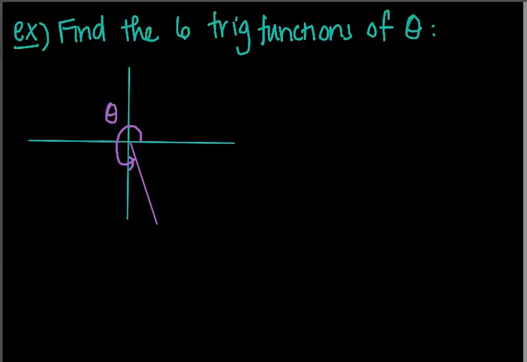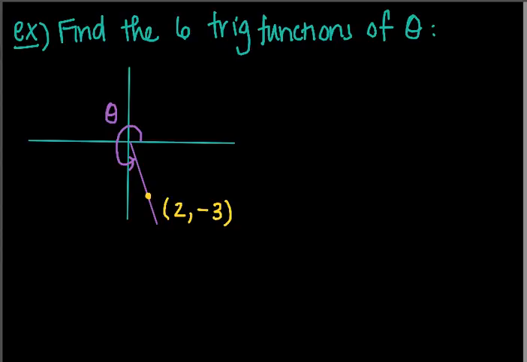And I have to tell you something about theta, and here's what I'm going to tell you. This point right here, okay, is, let's do 2, -3. Okay, so that's all I've told you. And I want you to find the 6 trig functions of theta based on where theta is at. You don't need to know what theta is.